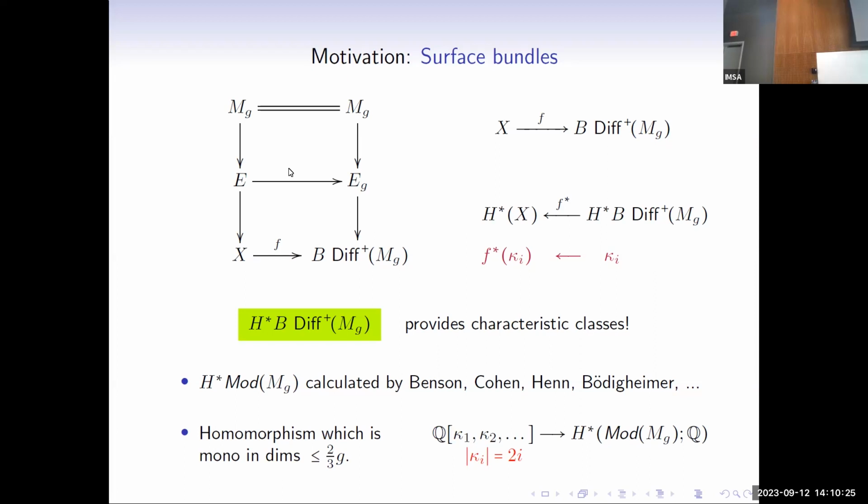And also by the work of Mumford, Morita, and Miller, we know that there are even dimensional classes, so that the polynomial ring on these kappa classes maps to the cohomology of the mapping class group, and that becomes an isomorphism when g tends to infinity. So this gives us the stable cohomology, the stable rational cohomology of the mapping class groups.